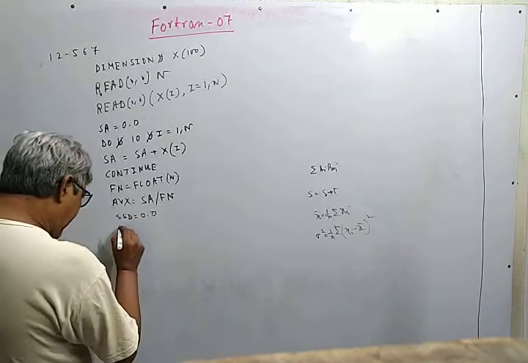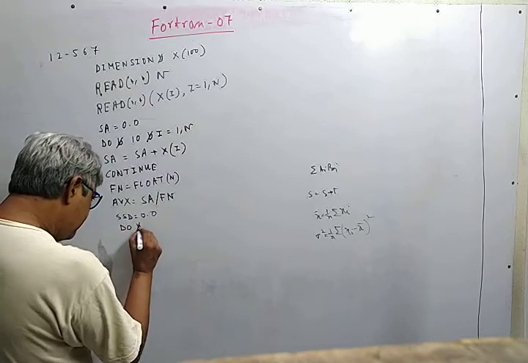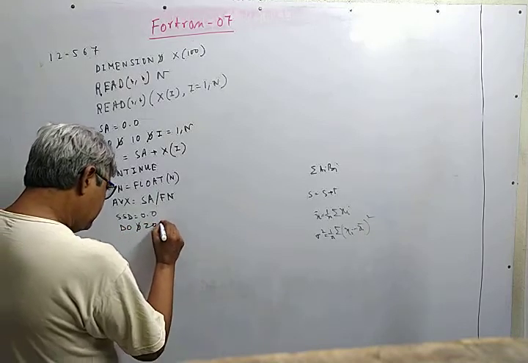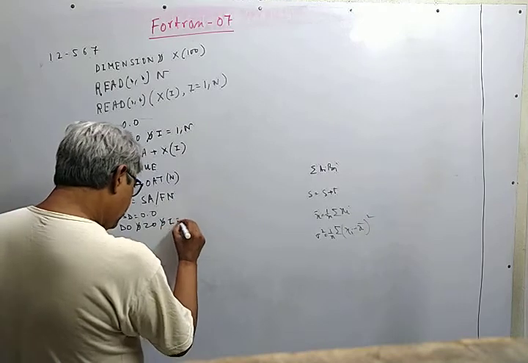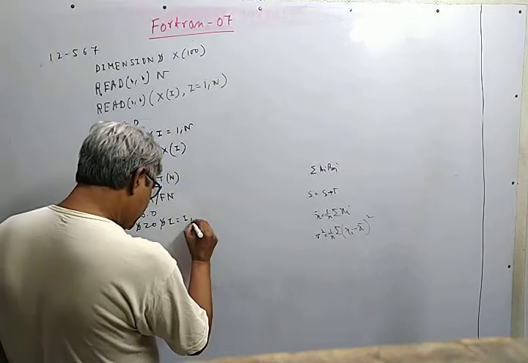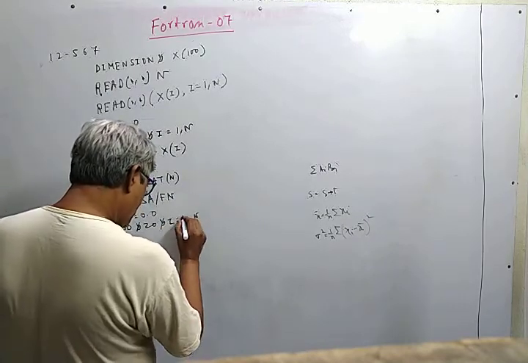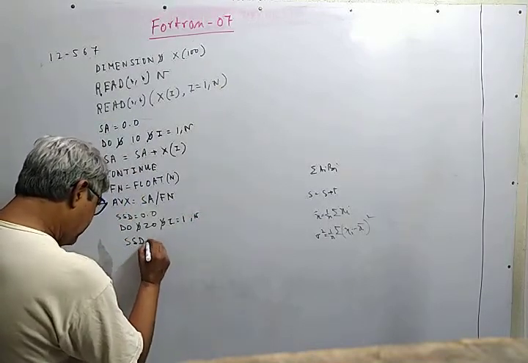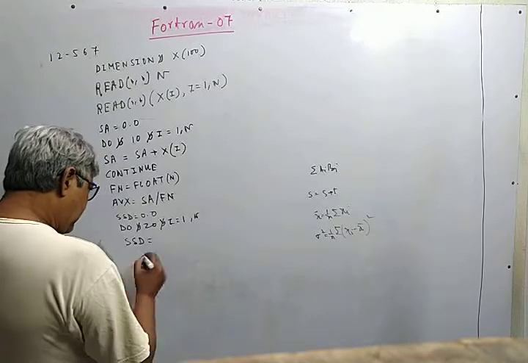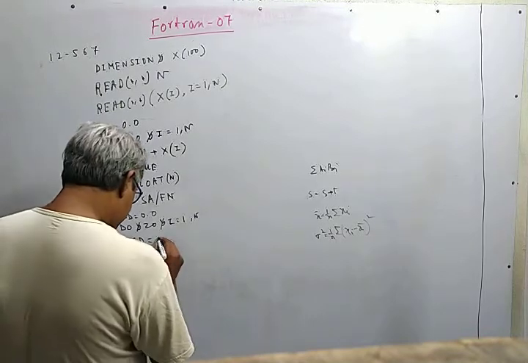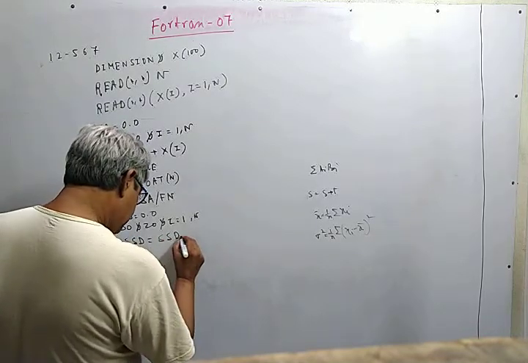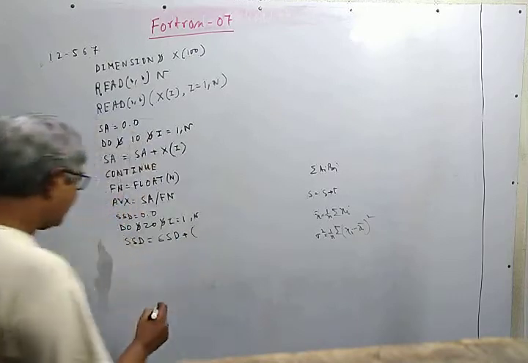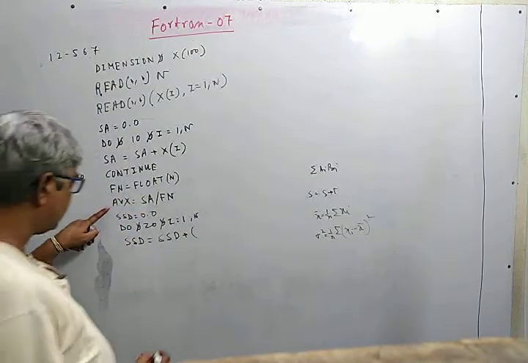Then we write another do loop, 1 to n. The average of x has been denoted by this.